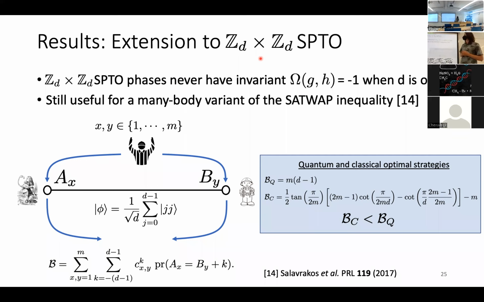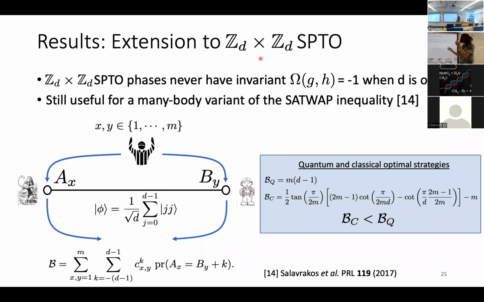The question is whether one can construct some kind of many-body non-local game modeled after this Bell inequality for maximally entangled states in D dimensions, in order to demonstrate some task that might be useful in proving quantum computational advantage, for which these particular SPTO ground states are a resource.